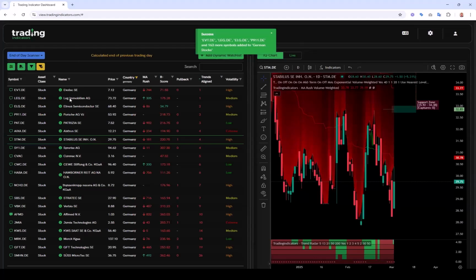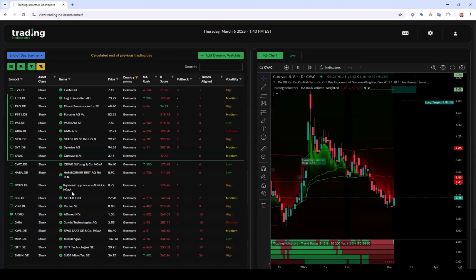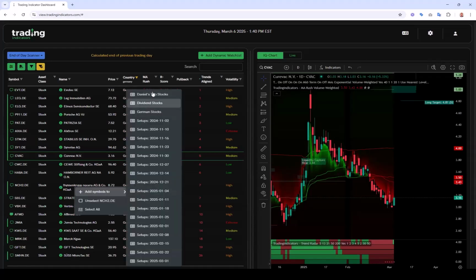Let's say you want to add a couple of them, but not all. You can hold down your shift key, select the first one, then this one, and so forth. You can select a subset of them by holding down the shift key. Or if they should not be in a row like this, you can hold down your control key and just select multiple ones. You can see here, all like this. Add these to the watch list as well.